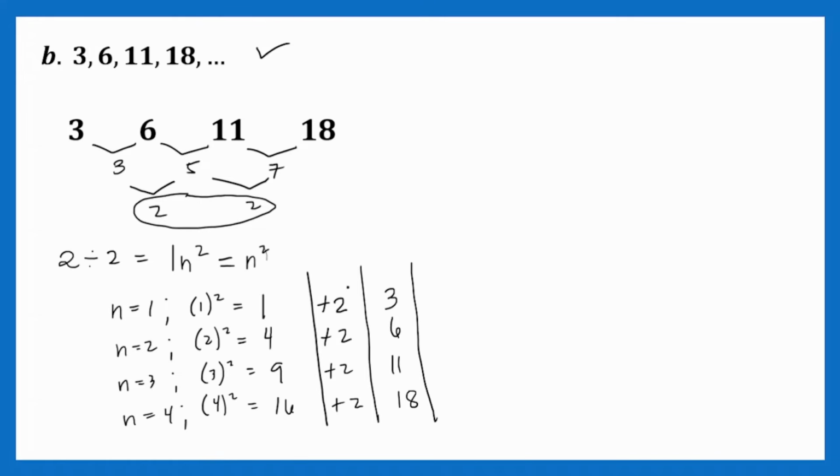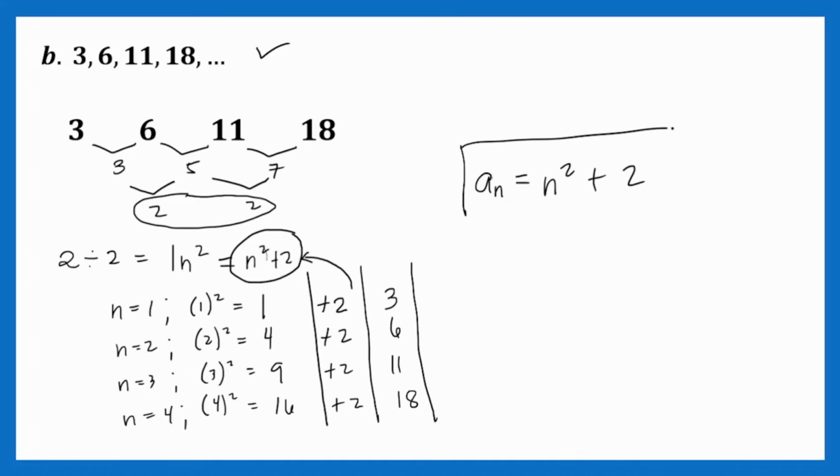Ibig sabihin, ang gagawin mo lang dito sa plus 2, idudugtong mo lang siya dito. Yung n squared kanina, hindi yan sapat, magpa-plus 2 ka pa. And therefore, ito ang ating magiging general term or general formula. Kapag sinulat natin yan, formally, we have a sub n is equal to n squared plus 2.